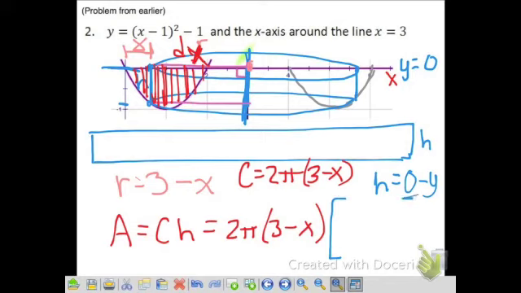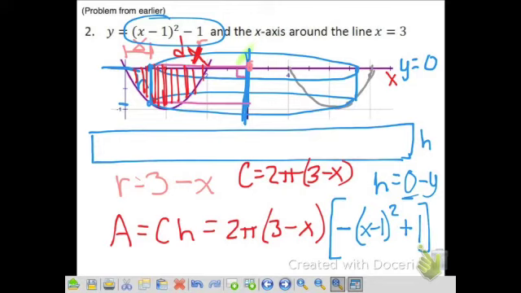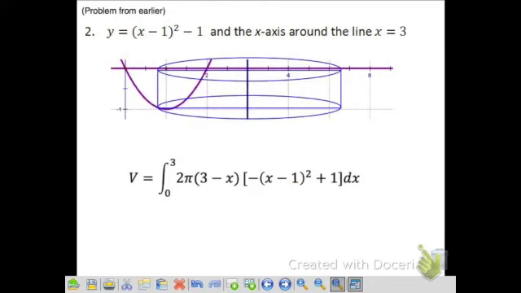So 0 I'll just leave out and make it negative. Our function was right here, x minus 1 squared, and then minus a negative 1. Our last step then is to plug that into our formula for volume.